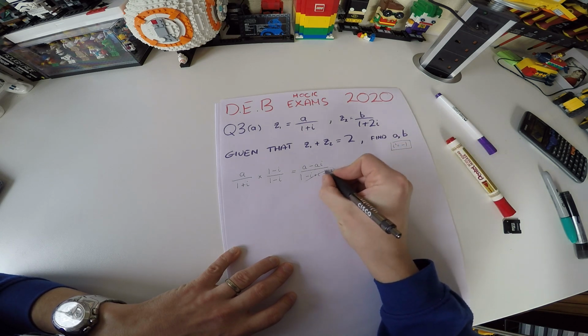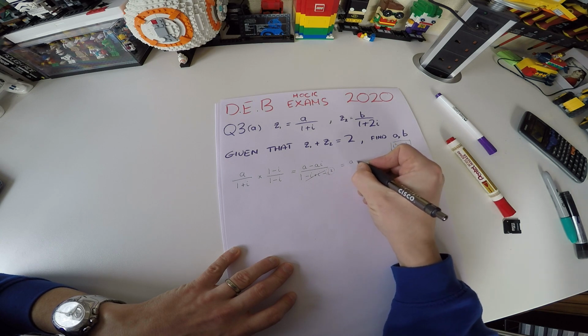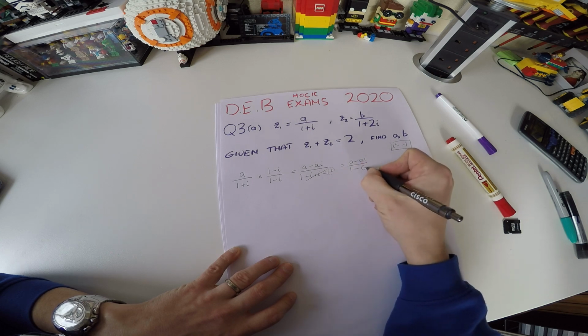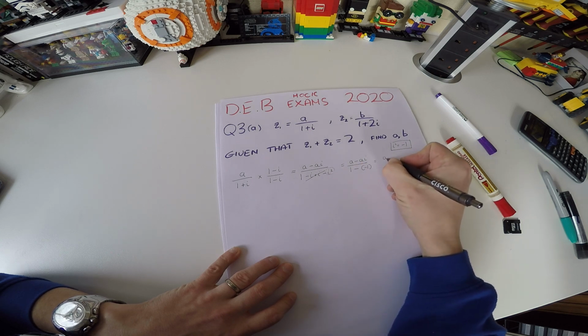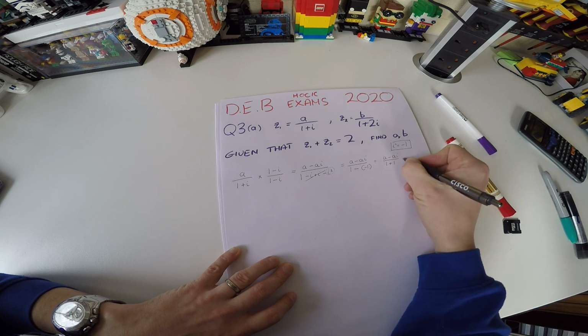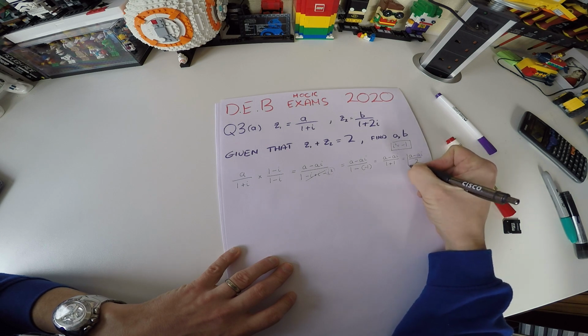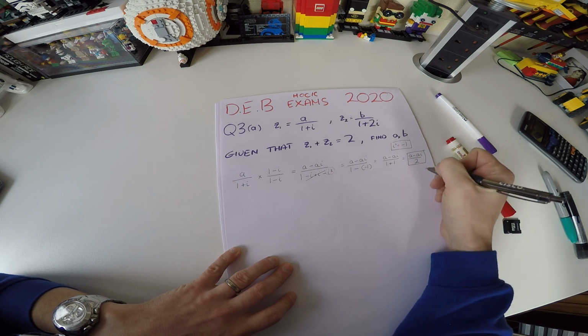So these two in the middle are going to cancel. It's going to give us a minus ai over 1 minus, and i squared changes to minus 1. So that's going to be a minus ai over 1 plus 1, which is equal to a minus ai over 2. So there's our first one, and we have no i on the bottom.